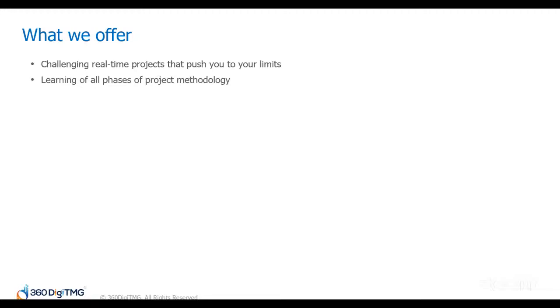We have multiple phases of project methodology; the one we mainly follow is CRISP-ML(Q). You will go through all these phases in detail and be able to apply them practically in projects, learning about different tools used in the industry like Python, Power BI, cloud platforms, etc.